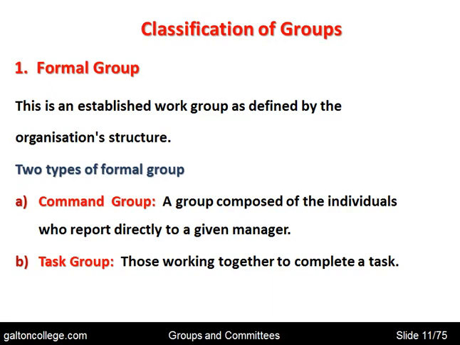They're working on something perhaps quite innovative or looking at some change in the organization, and typically task groups are associated with those types of activities. A command group may be one looking more at particular issues associated with set routines, and they will report to a given manager, perhaps a departmental manager.